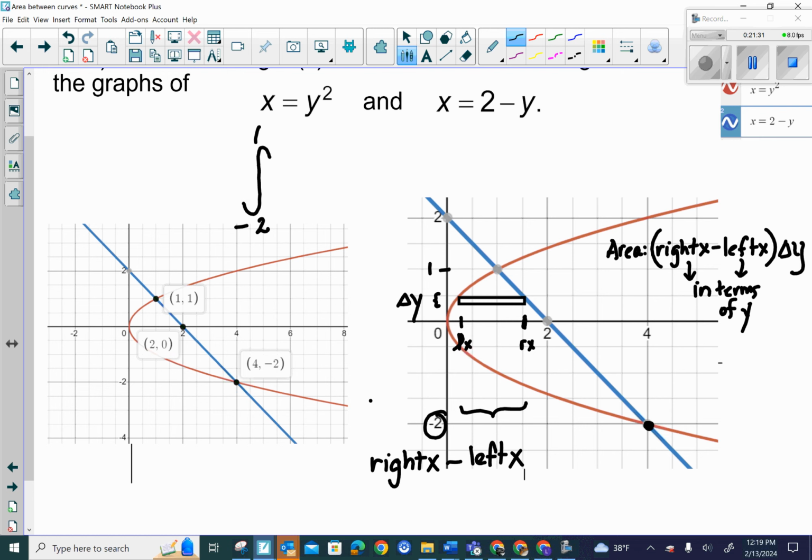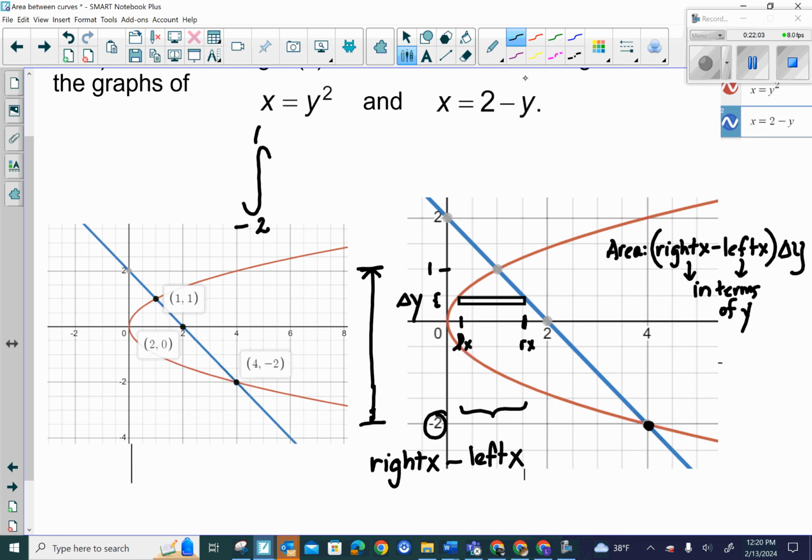See how my rectangles are going from -2 all the way up to 1. I take my right x minus my left x, going from -2 all the way up to 1.